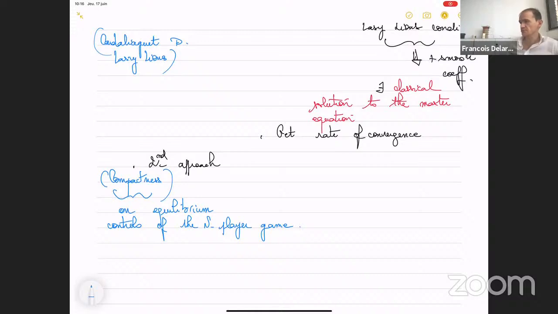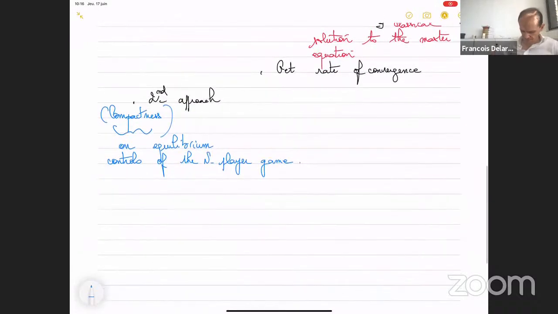And as I told you, you are missing a lot of a priori estimates as the size or the dimension is increasing. And at the end of the day, you're not able to make the proof. And I don't think that there is any proof using a very strong topology for the compactness argument.